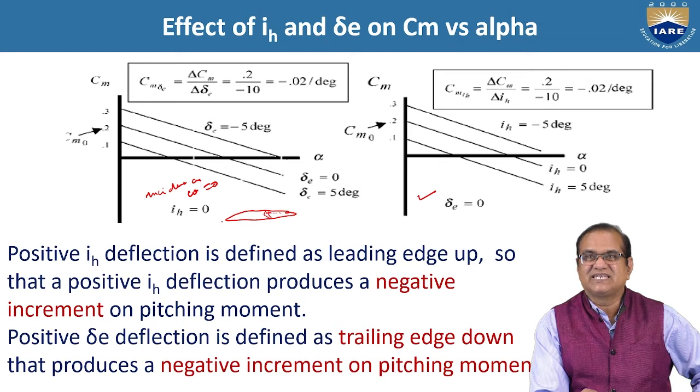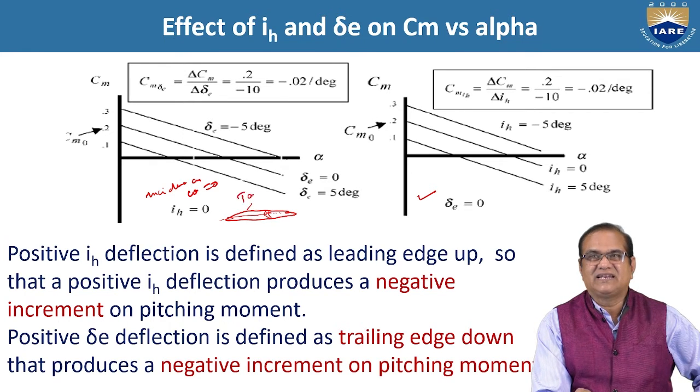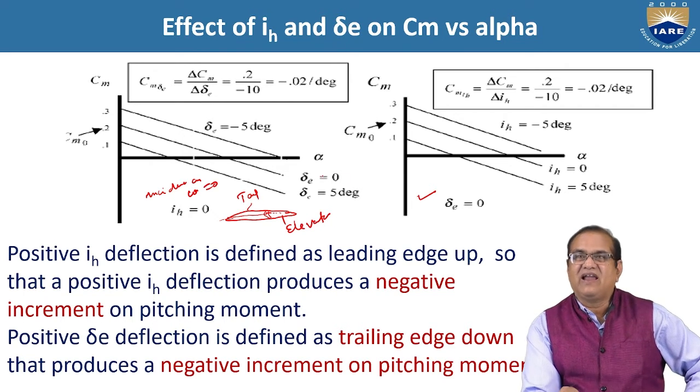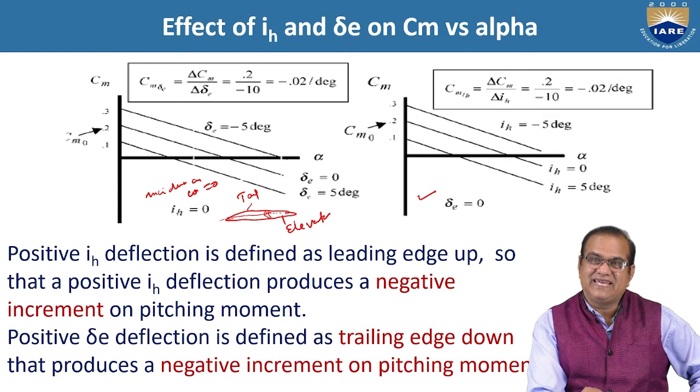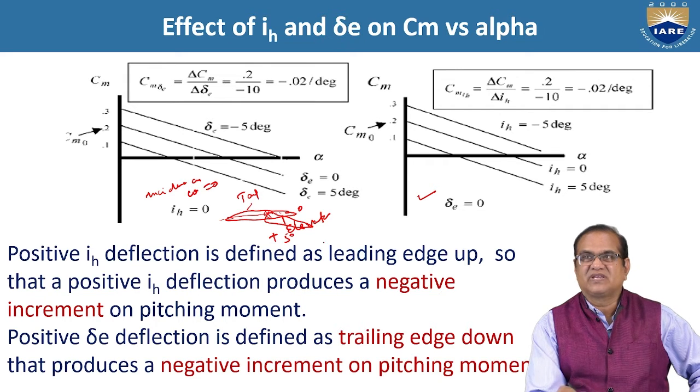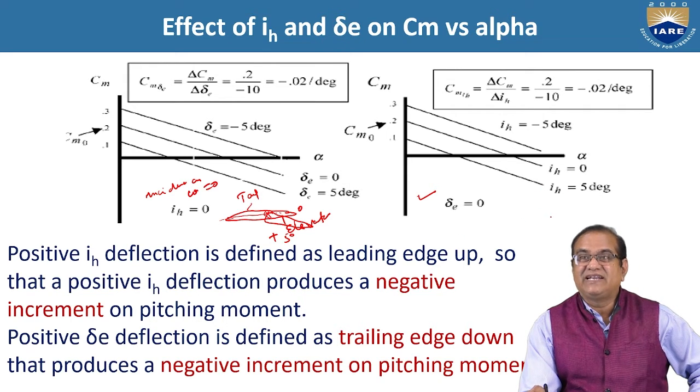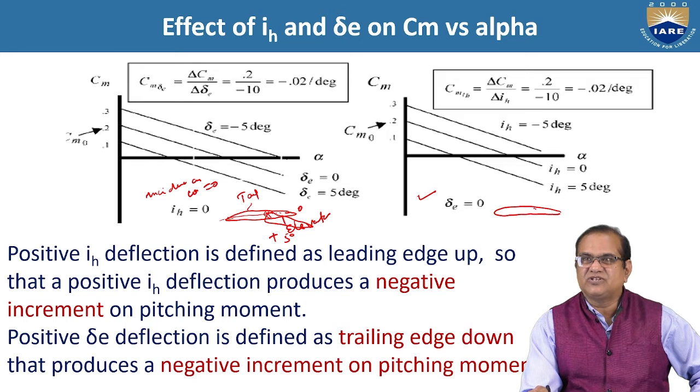So this is IH, means this angle is the horizontal tail, and this is the elevator. So this delta H is equal to 0, and here delta E is equal to 0, and another case is plus 5 degrees here. But this is case 1, delta H also 0 and delta E 0.